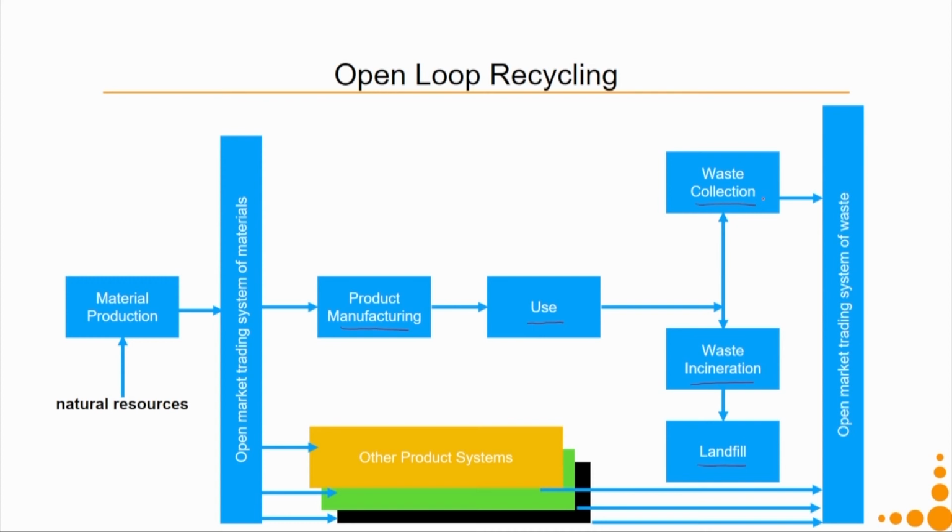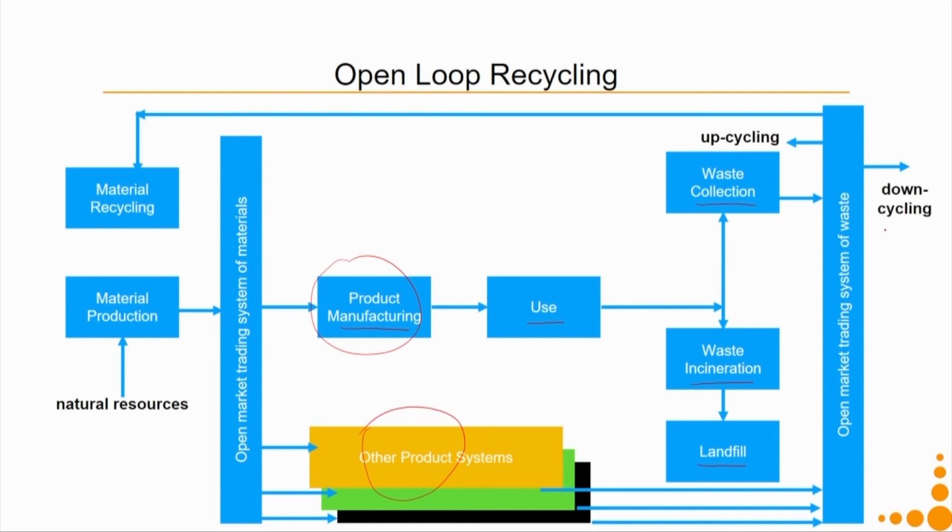All the waste collection from this product manufacturing and other product systems will go into the open market trading system of waste. This waste can be either downcycled, upcycled, or go into material recycling, which is the same quality of material, and this can again enter the open market trading system of materials.